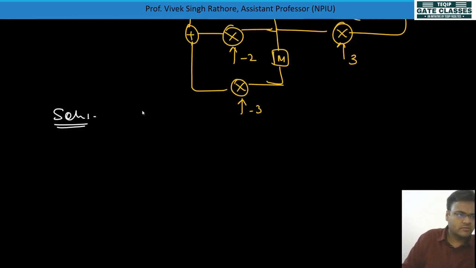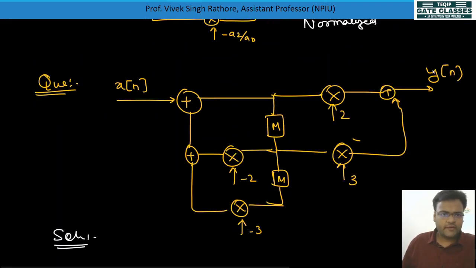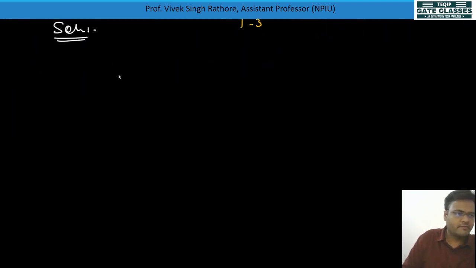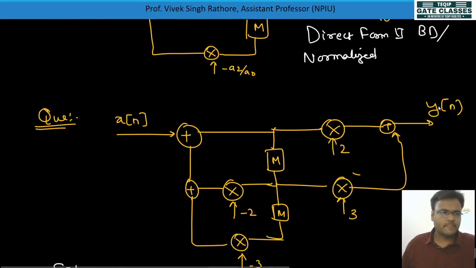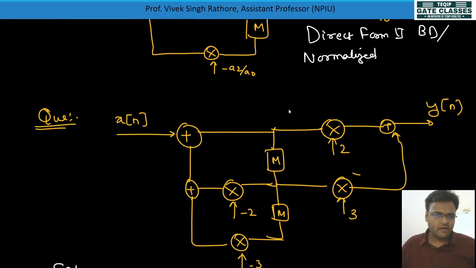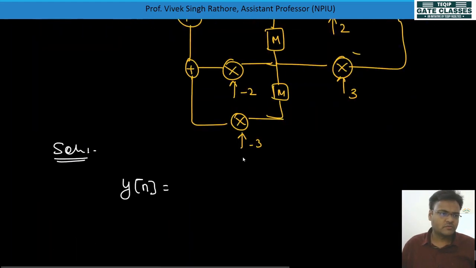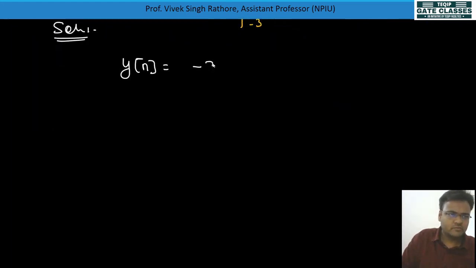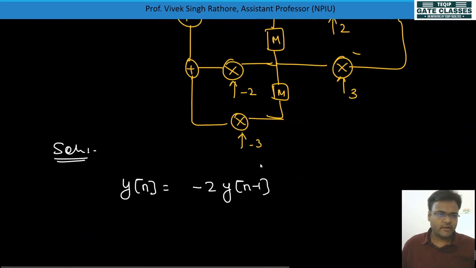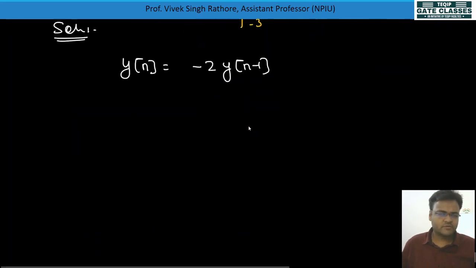So y of n will be equal to, here delay factor is there, y of n minus 1 will come, and minus 2 will be there. So we can write minus 2 y of n minus 1, and here minus 3 y of n minus 2 will be there.